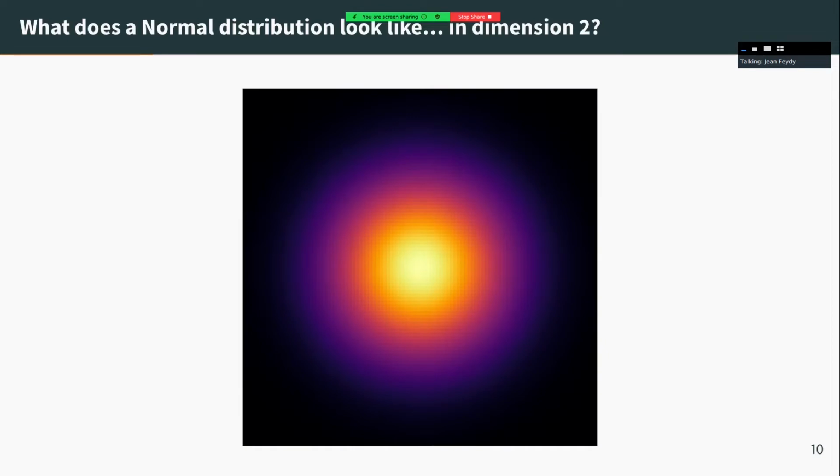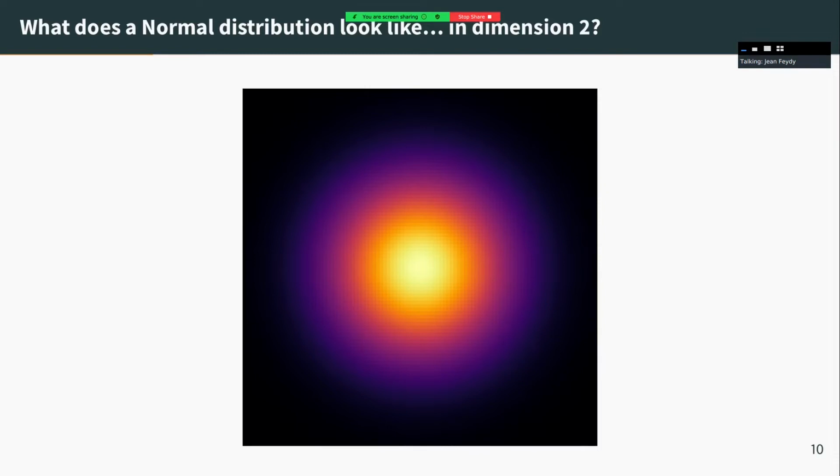Now, what about dimension 2? Here, it's a density plot of a normal distribution centered at 0 in the first direction 1, 2. Okay. And now, what about dimension 3? What does a normal distribution in dimension 3 look like? Maybe the picture that you have in mind is a 3D plot with a bit like a sun, projected in the 2D plane.